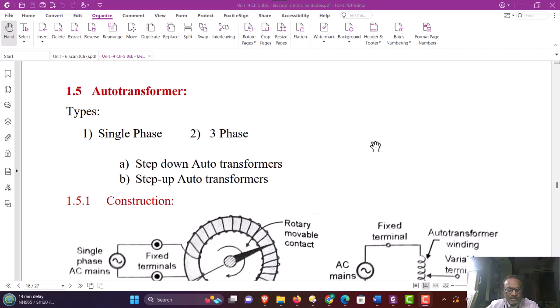Means it can provide us the output voltage from 0 up to a maximum of the supply voltage. Whereas the step up auto transformer is a transformer in which the output voltage is always greater than the supply voltage.